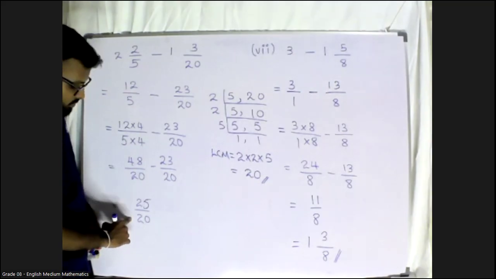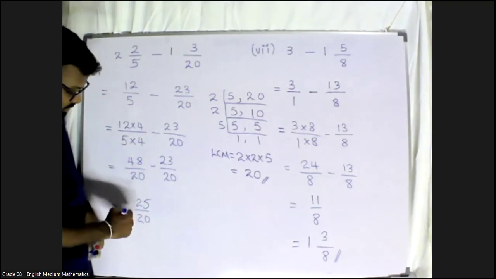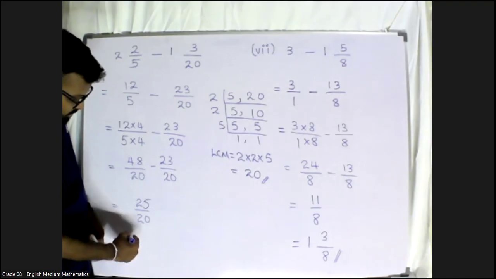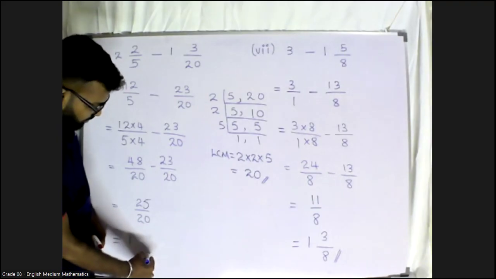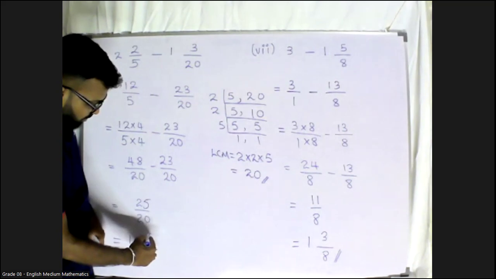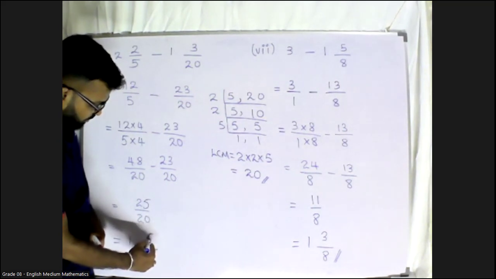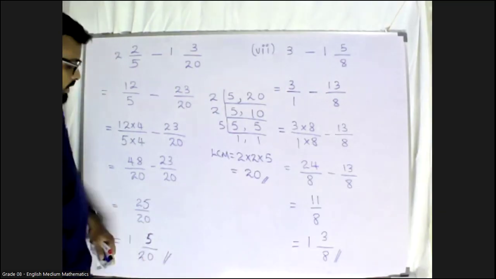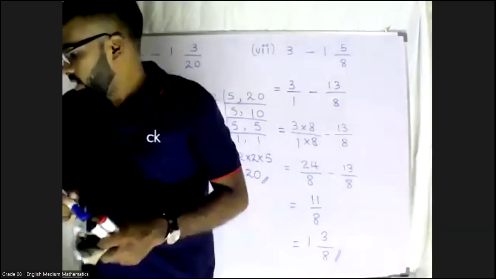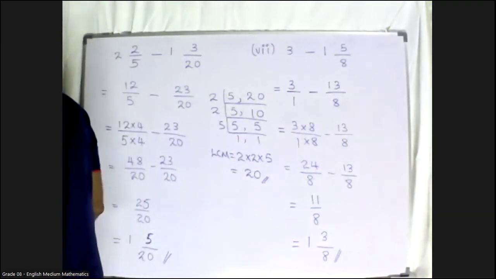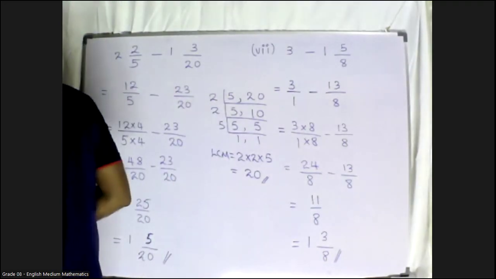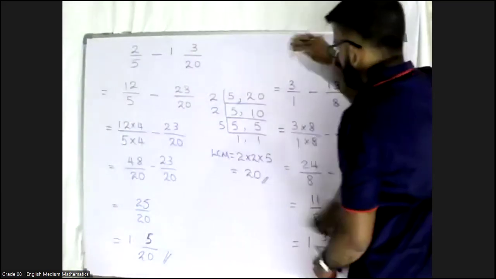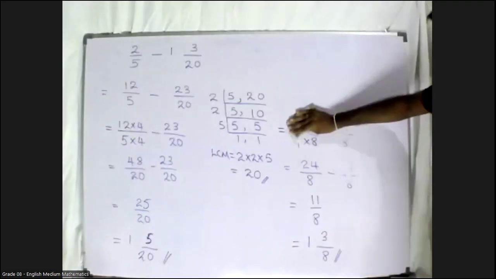You can convert this into a mixed number. It is something like this. 5 over 20. Okay. So if you want, you can.